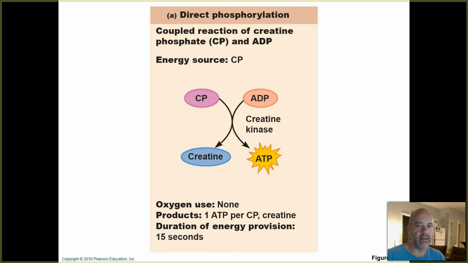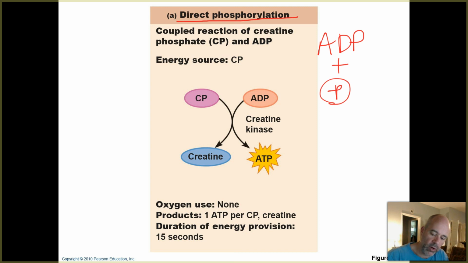Okay, a third way that skeletal muscles can make ATP is called direct phosphorylation. Phosphorylation is another term for taking a phosphate and bonding it to ADP, or taking a phosphate and bonding it to another type of molecule.